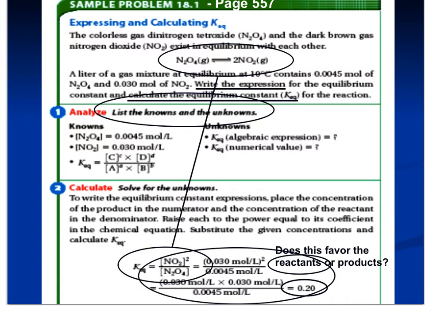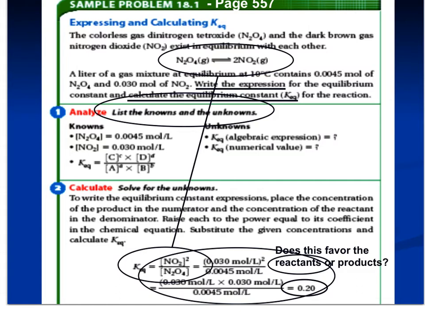So we want to plug in the concentrations that we have, from our knowns and our unknowns up here. Our concentration of dinitrogen tetraoxide will go on the bottom. Our concentration of nitrogen dioxide will go on the top, and notice we're squaring it because it had that coefficient of 2. When you do the math, we find that our KEQ has a value of 0.2. This means that our reactants are going to be favored because this value is less than 1.